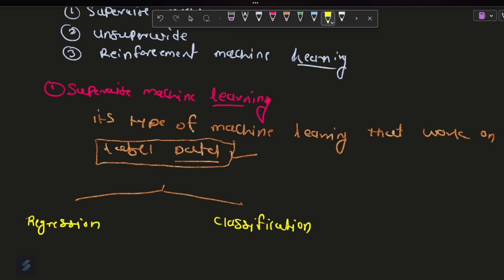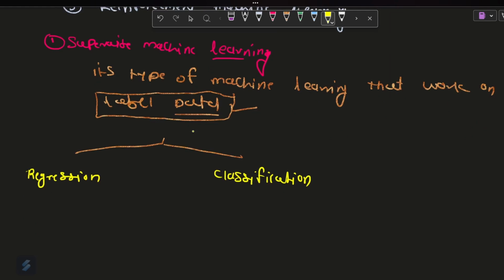So what is regression? First understand what a regression problem is. Regression has continuous output variables. Let's consider your data: size of the house, number of rooms, and then price.